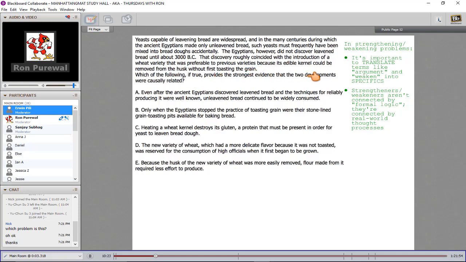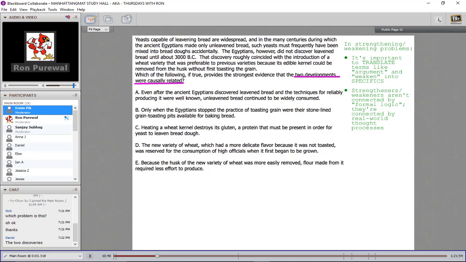What are we trying to correlate here? Okay, we have 2 discoveries. So 2 developments. So this is the part that you read first. Notice you read this before you read the passage, right?